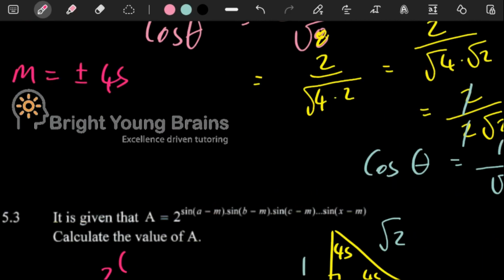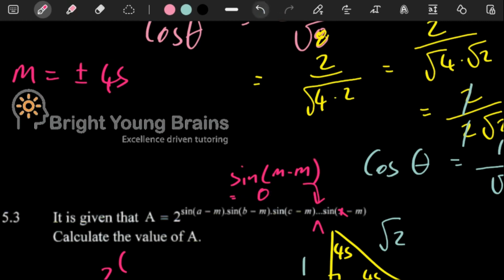So what do we know now? This is saying A, B, C, D all the way until X, right? So somewhere along the lines, in the middle here, you're going to have M somewhere and then minus an M, you see. So somewhere along the lines, you're going to have a sine of M minus M, which is sine 0, and sine 0 is 0.